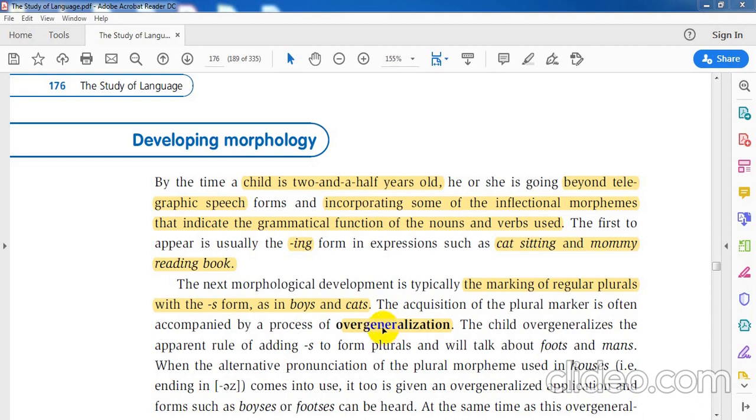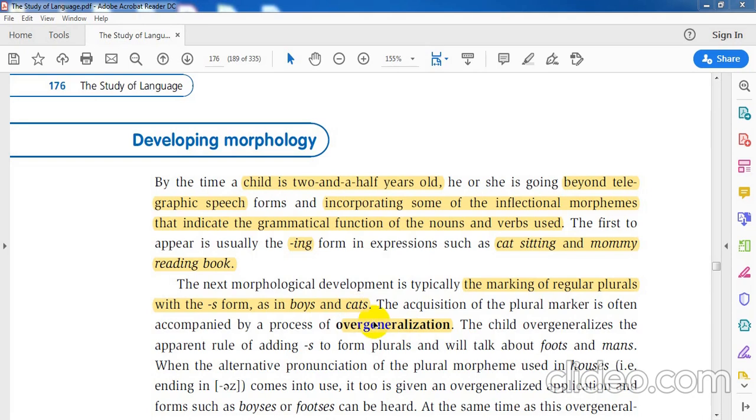To put a general definition to the concept of overgeneralization, it's a term used in language acquisition studies referring to the process whereby children extend their use of a grammatical feature to contexts beyond those found in the adult language. This definition indicates that a child at this stage is overgeneralizing the use of the plural -s, for example.